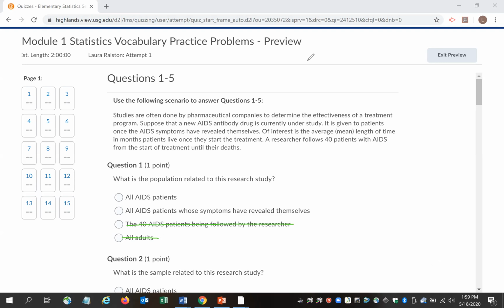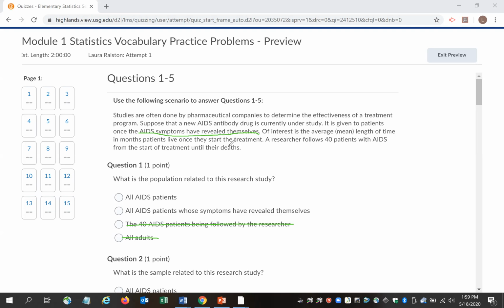Well, guys, if you go and look at the question, or read the story again, it says that the new drug is given to patients once the AIDS symptoms have revealed themselves. It clearly says AIDS symptoms have revealed themselves. Or it says once the patients start the treatment.